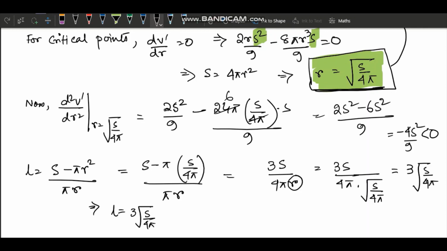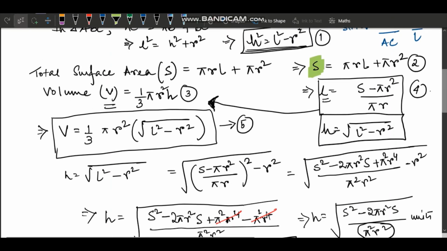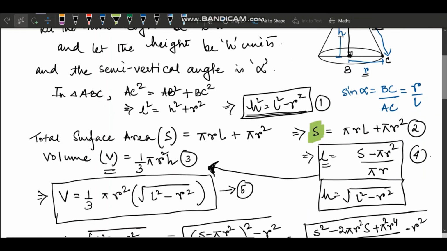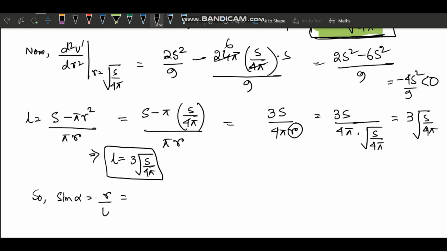And previously only I have discussed the value of sine alpha, where alpha is the semi-vertical angle. Sine alpha is given by r by L. So just substitute for r and L here and evaluate sine alpha. So sine alpha is r by L. The value of r is root over of s by 4 pi, and that of L is 3 into root over of s by 4 pi.